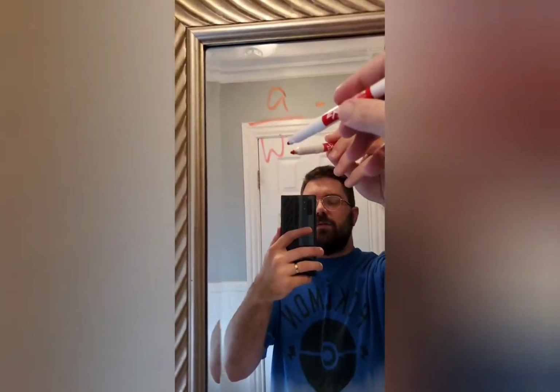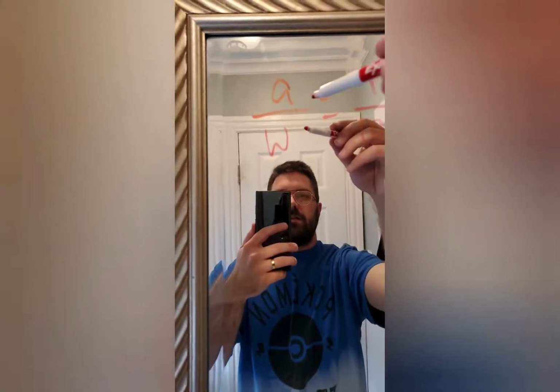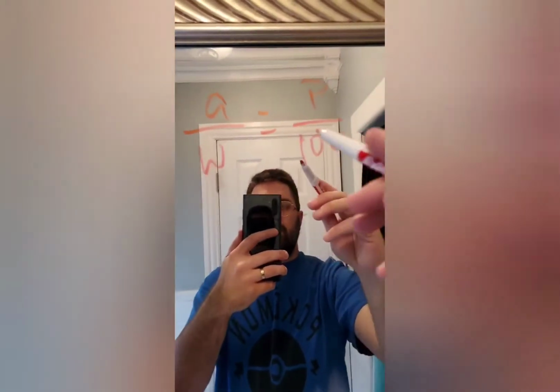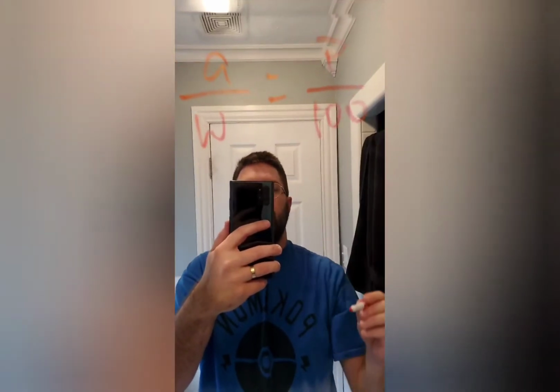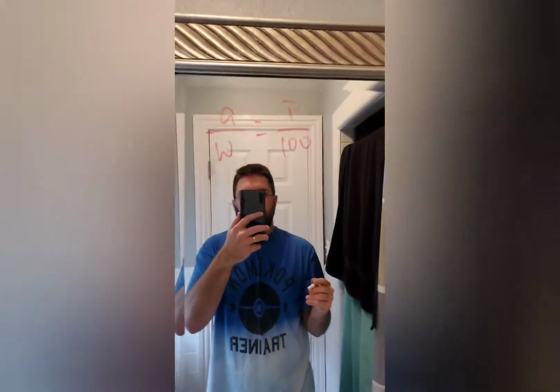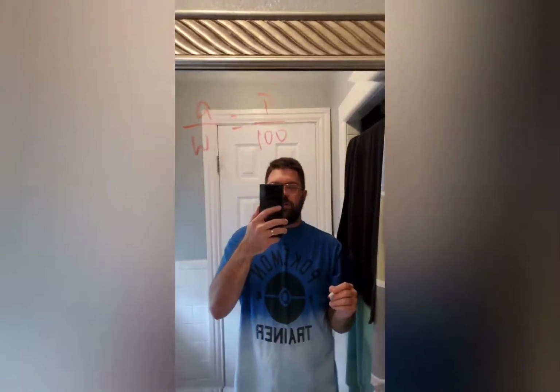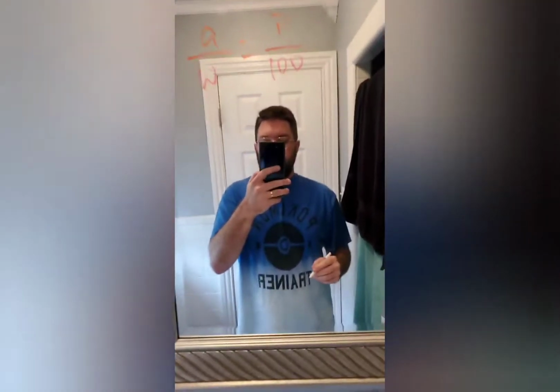Then you have W, which is the whole amount, and so that'll look like a fraction, is equal to P, which is the percentage, and percents are out of 100. And so A over W is equal to P over 100. And so we're going to use this formula, and we're going to look at tiger numbers and how they fit in that formula. So give me a second so I can write some tiger numbers on here.